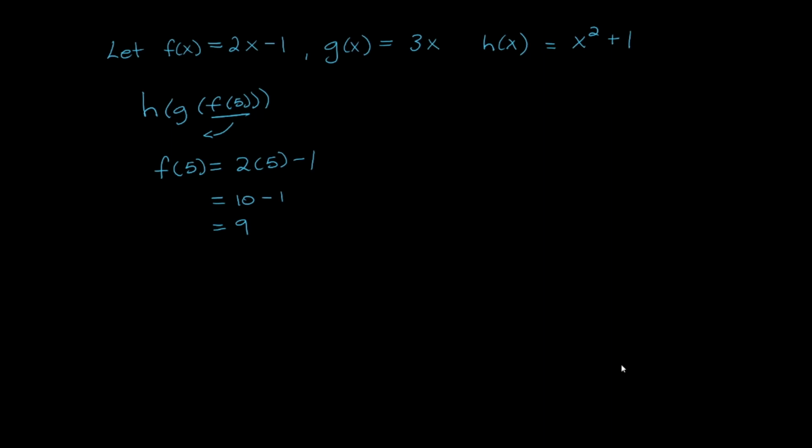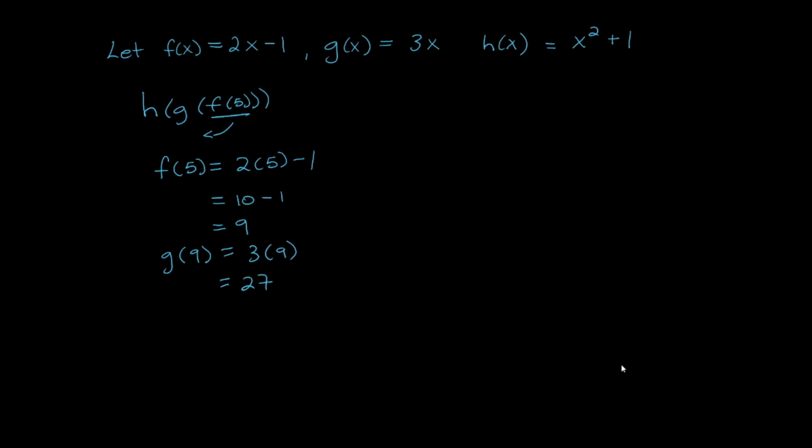Now that we found the value for f of 5, we should plug that value into g. So it should be g of 9, and g of 9 would be 3 times 9, which is 27.